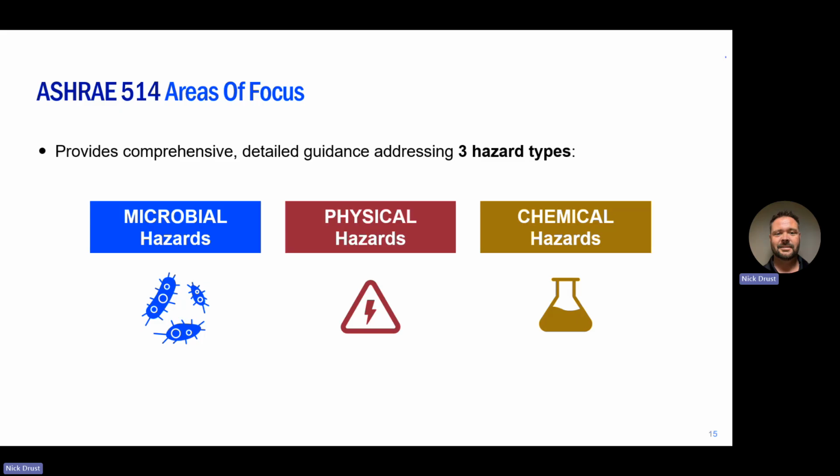What I like about 514 is that it recognizes water safety is not just about bacteria. Sometimes the problem is biological, sometimes it's plumbing design, sometimes it's water chemistry, sometimes it's a combo of those three. Let's take a closer look at each of these hazard categories, starting with what most healthcare facilities are already familiar with, microbial hazards.